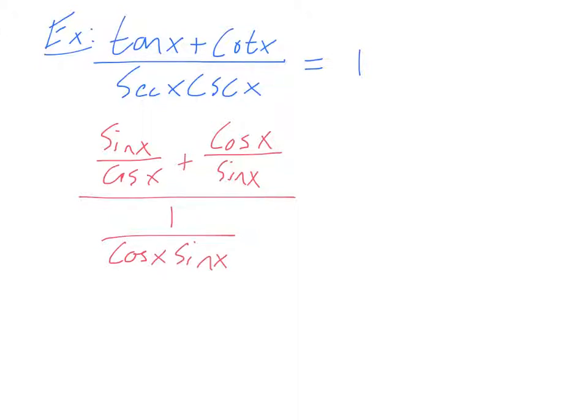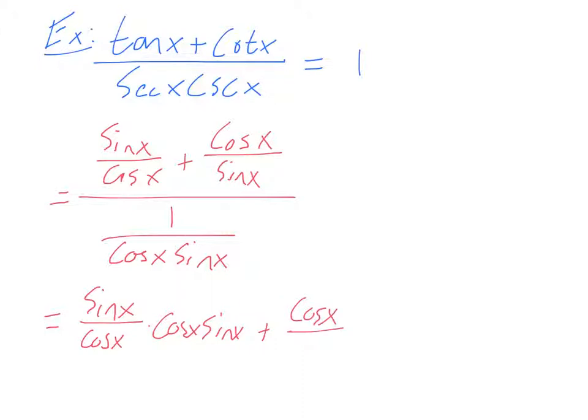And so then I'm going to multiply by the reciprocal. So instead of dividing by this, I'm going to multiply by the reciprocal of this. And so I will get sine x over cosine x times cosine x sine x plus cosine x over sine x times that as well.